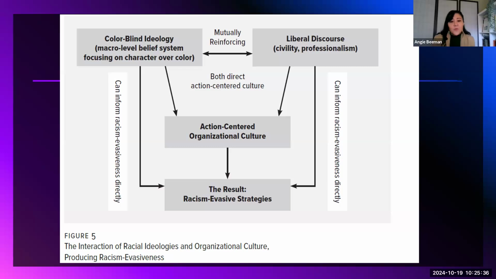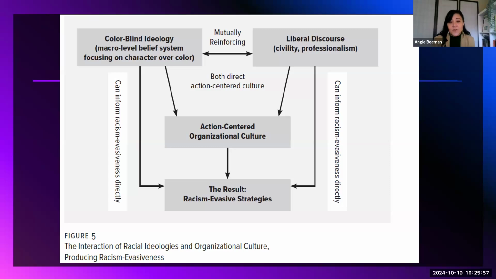A lot of the work that looks at organizational practices and interactions of people within organizations looks at the organizational culture and how that influences it. But in my book, I looked at how external racist ideology has evolved from what we saw with Wilson, from biological racism to cultural racism to colorblind racism.